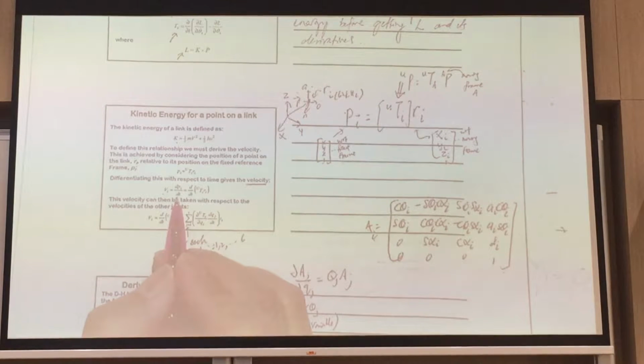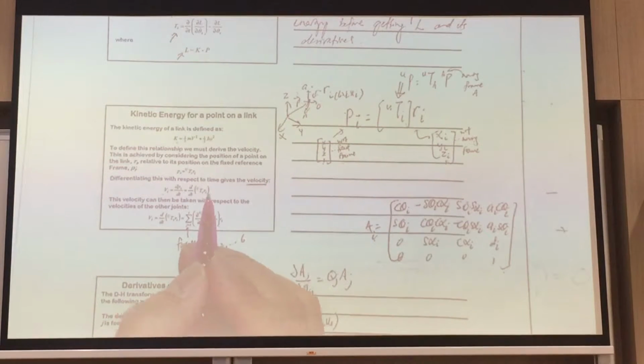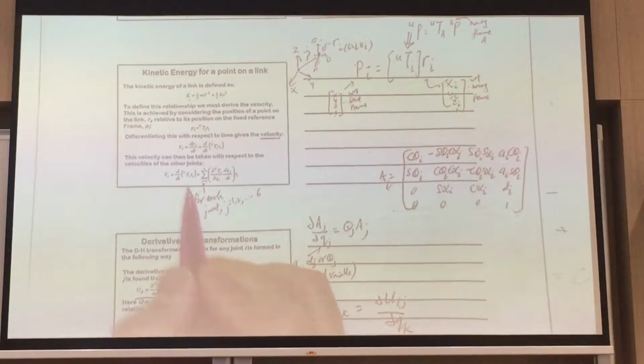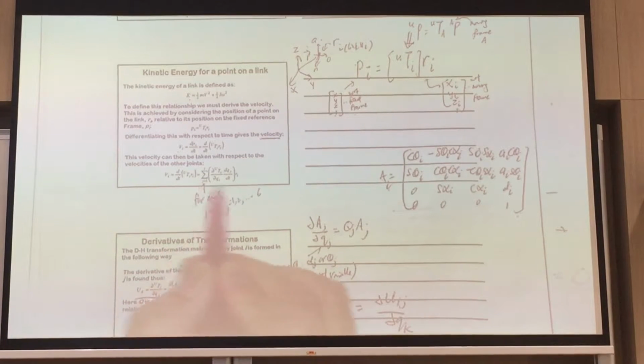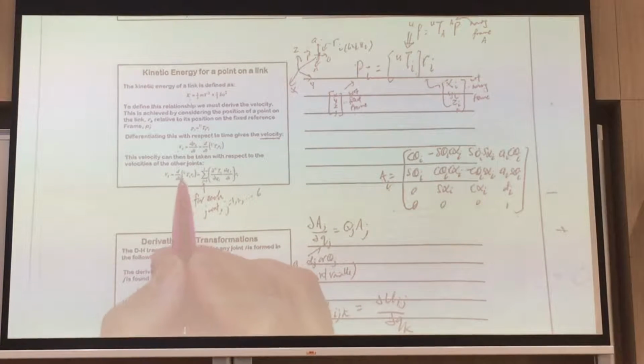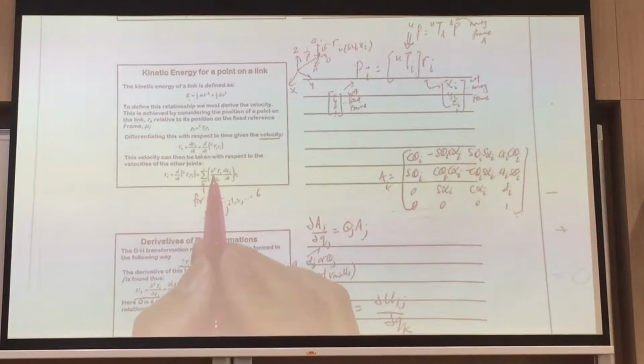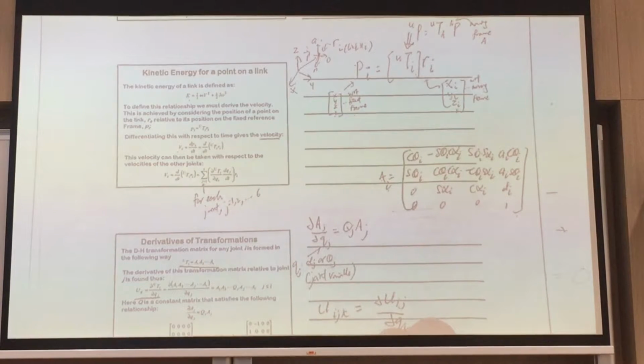Pi here, you substitute with UTi Ri. Then for UTi Ri, if we take out the Ri, the derivative of UTi is given by differentiating the transformation matrix with respect to each joint qi, and then multiplying by dqi/dt again.